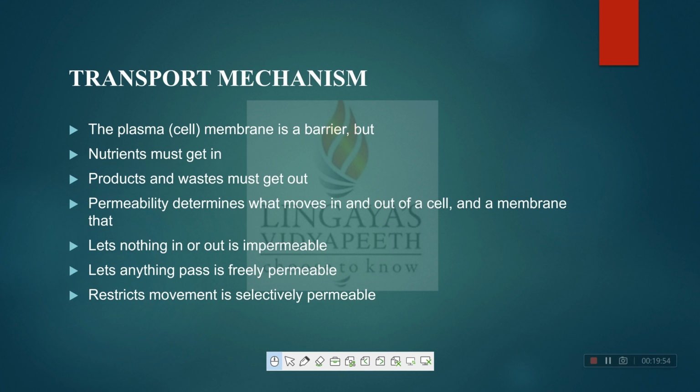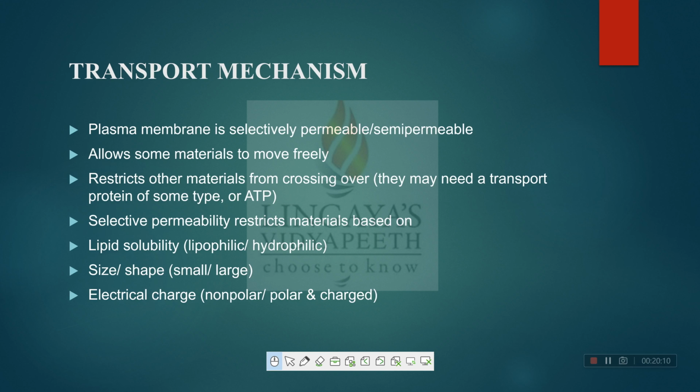Now, how is it maintained? The permeability determines what moves inside the cell and what moves outside the cell. Letting nothing in or out is impermeable. Letting anything pass freely is freely permeable. Restricting movement is selectively permeable.